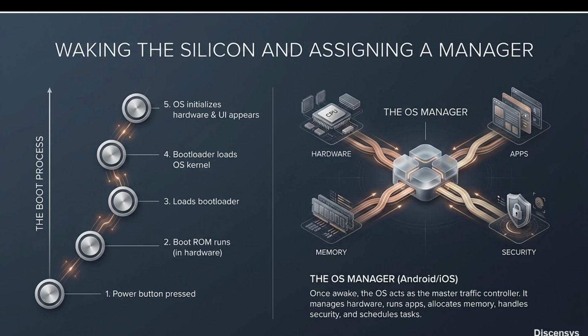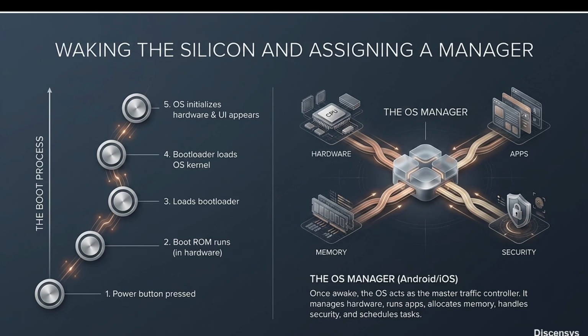It's like a communication medium between the hardware and the software, and it runs multiple tasks like task scheduling, management of the hardware, etc. So the bootloader loads the OS kernel, and the kernel is the core part of the operating system. And the OS initializes hardware and the UI appears.